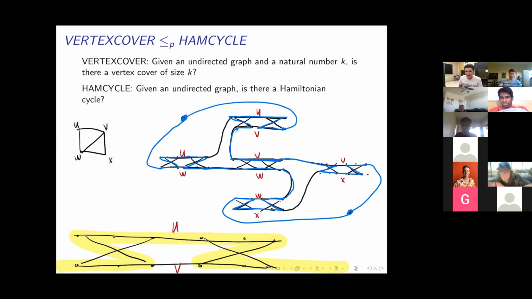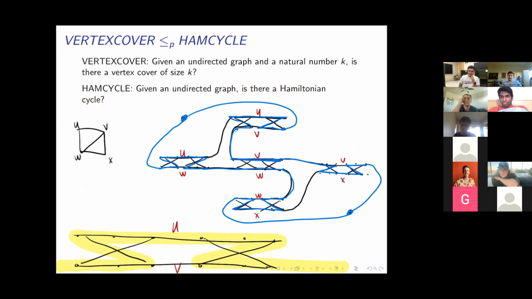It's really, really hard to take just an arbitrary graph that has a Hamiltonian cycle, maybe not, and produce a graph that has a vertex cover, maybe not, right? That's not the mutual direction thing. The mutual direction thing is only this has a Hamiltonian cycle if and only if this has a vertex cover of size 2.